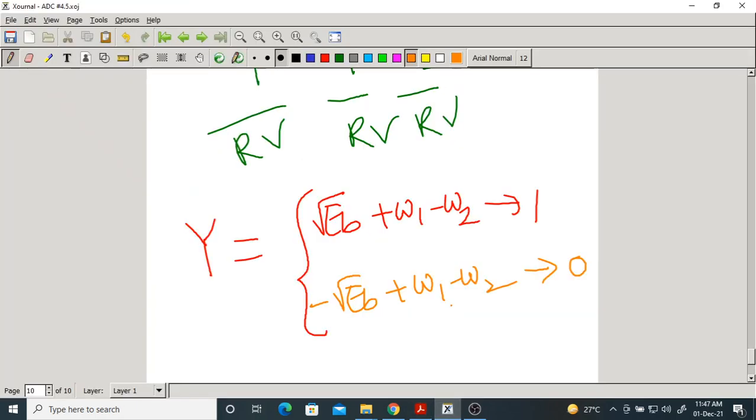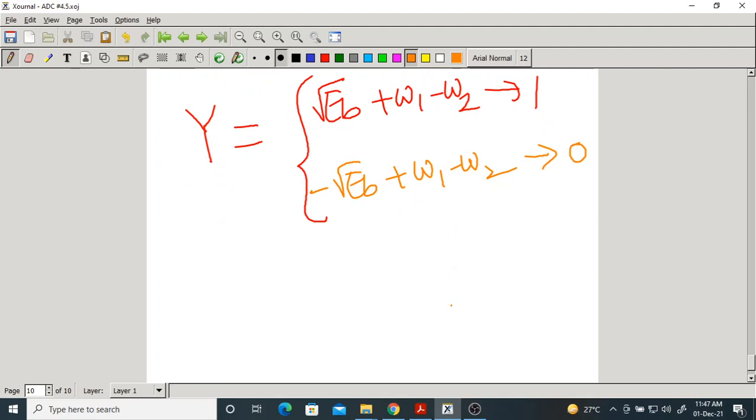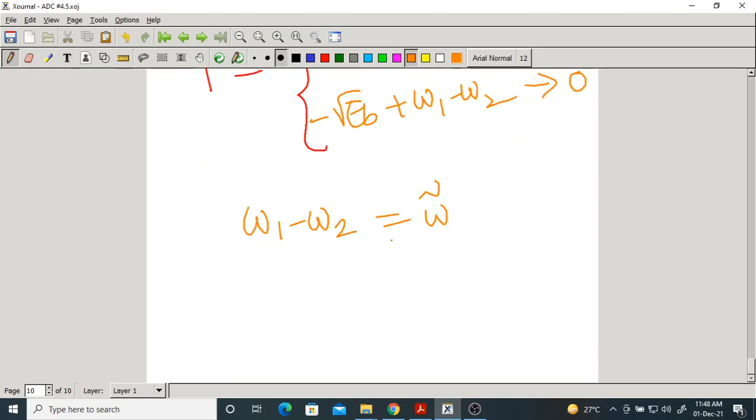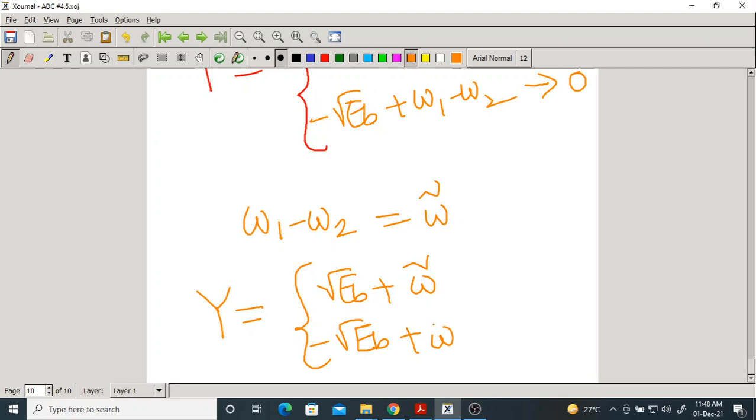Now let us call W1 minus W2 as W tilde. Now the new random variable y will be equal to root Eb plus W tilde for bit 1, and minus root Eb plus W tilde for bit 0.